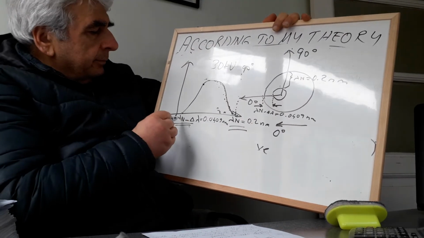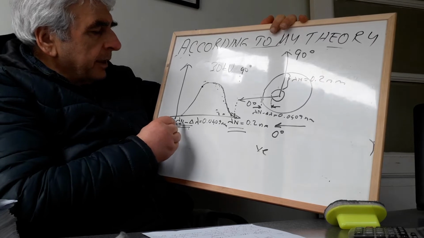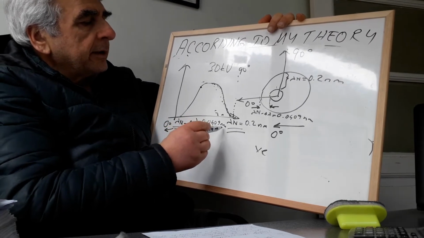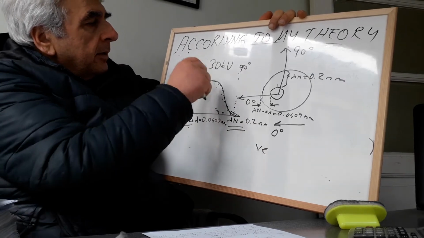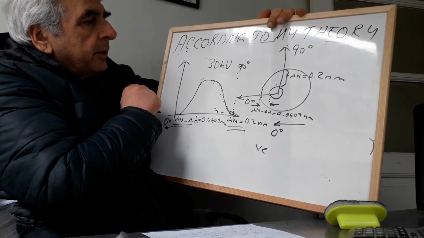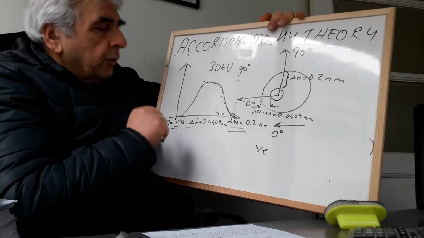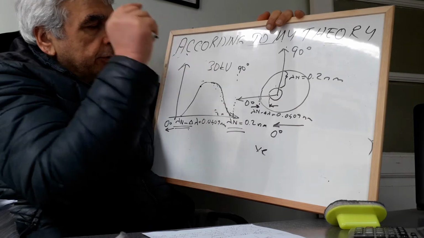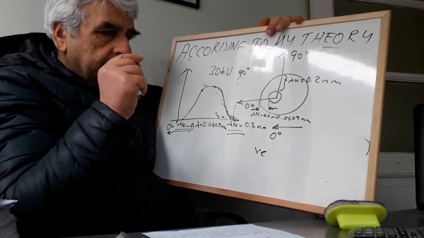In this graph, λn minus Δλ equals 0.0409 nanometer at this applied voltage, and λn equals 0.2 nanometer. Okay?